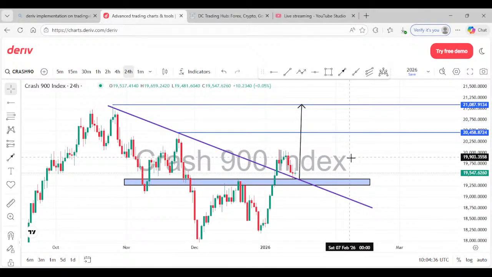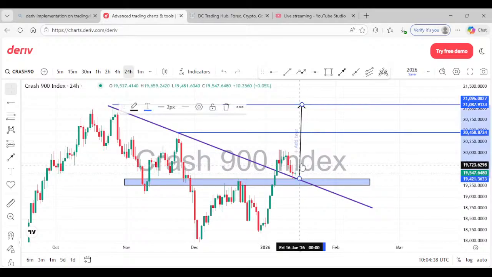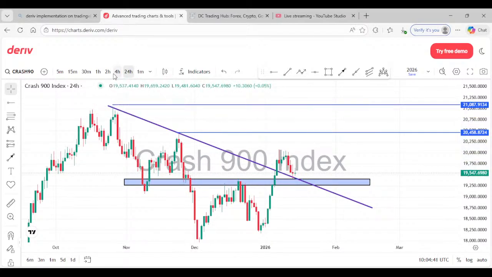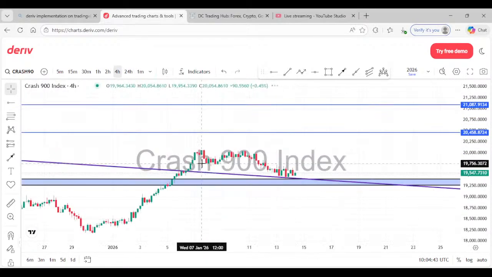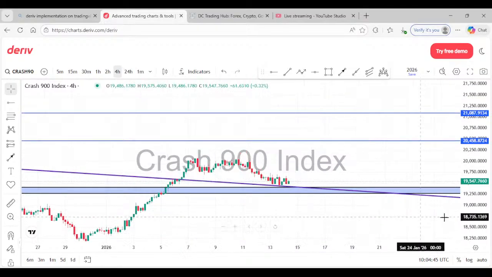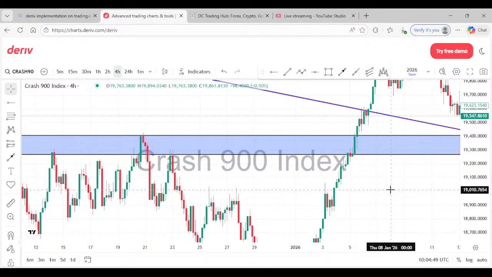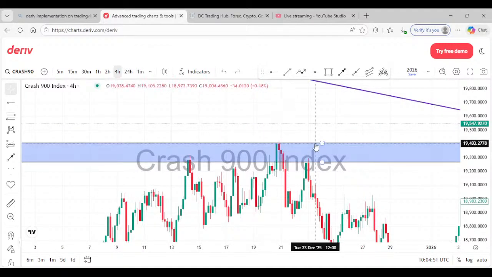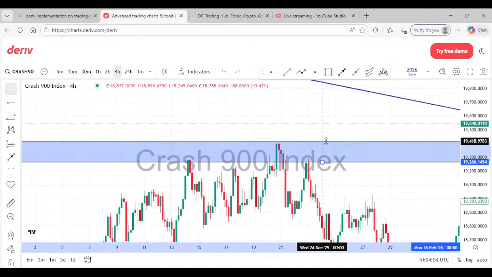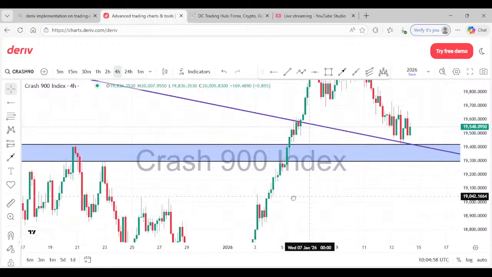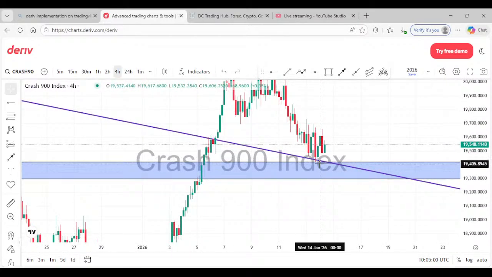So what are we going to do? Since this is on a daily, let's drop down and go to the 4-hour time frame. From the 4-hour, we're still having the same thing here. Price is retesting our support level and also our trend line at this particular level.